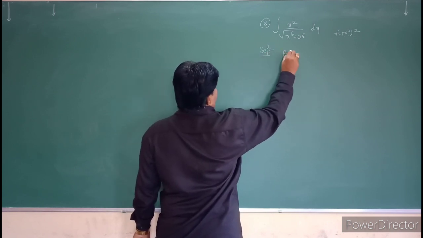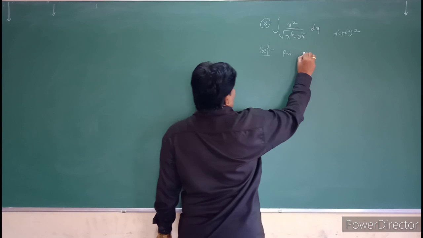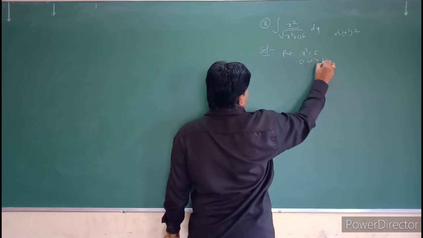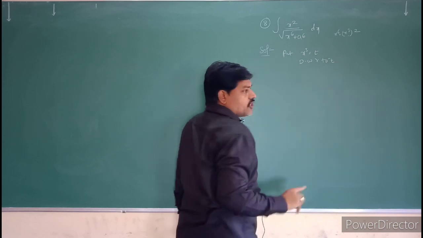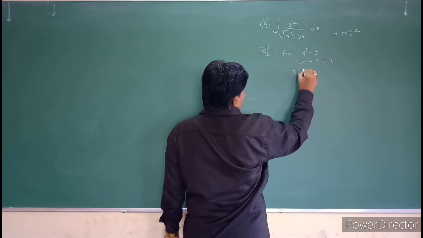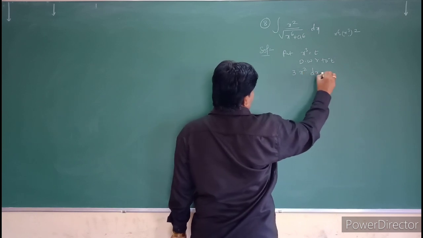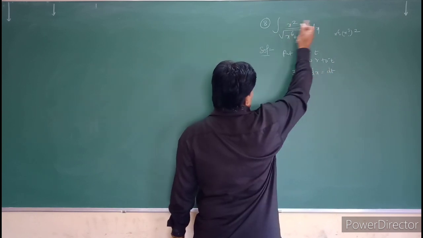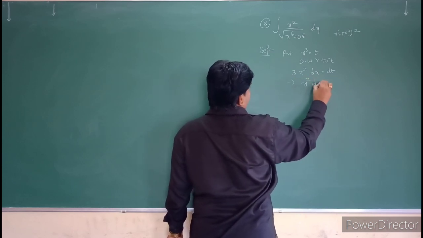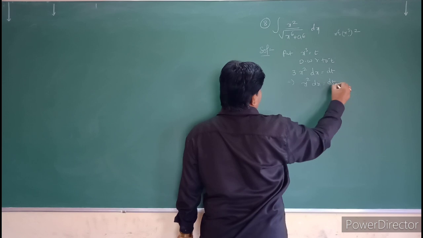First I will put x cube is equal to t and differentiate with respect to t. So x cube derivative is 3x square into dx is equal to dt. In the numerator x square into dx is there, so x square into dx is equal to dt by 3.